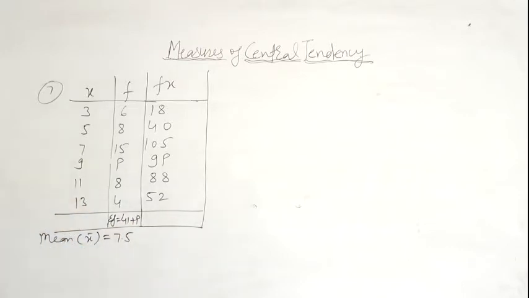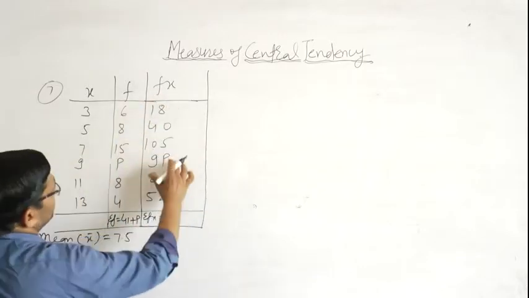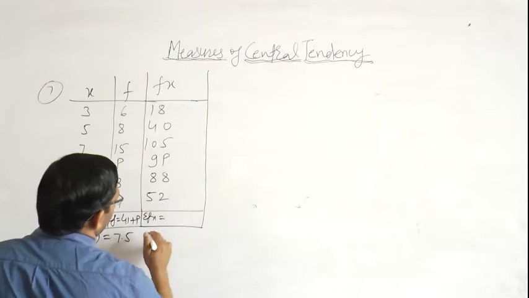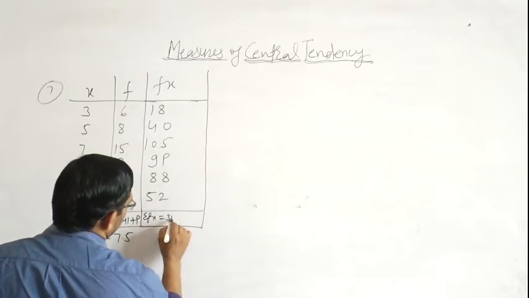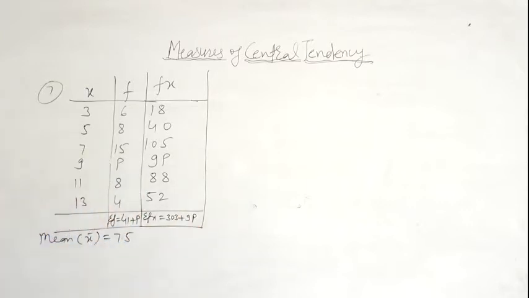Sum of frequencies is 41 plus p. Then sigma fx. Sigma fx is 303 plus 9p.